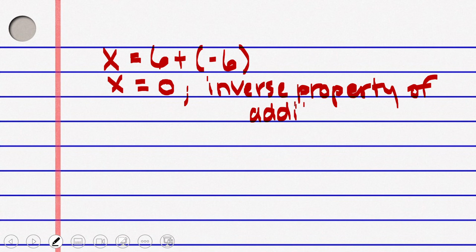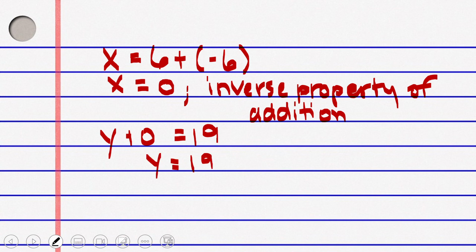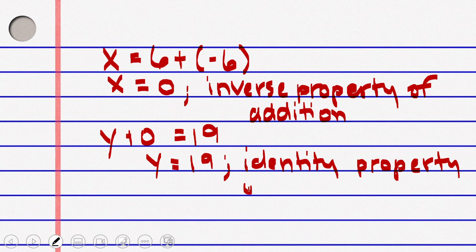We're going to add multiplication soon, so we have to differentiate which one we are using. What if we have y plus 0 equals 19? Okay, y would equal 19. That's the identity property of addition.